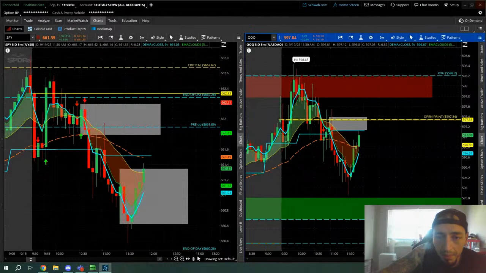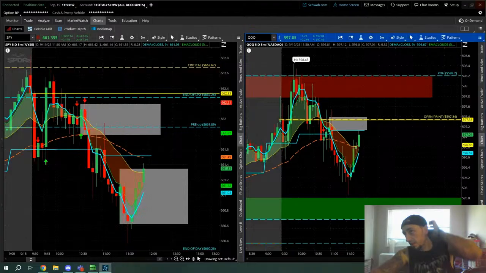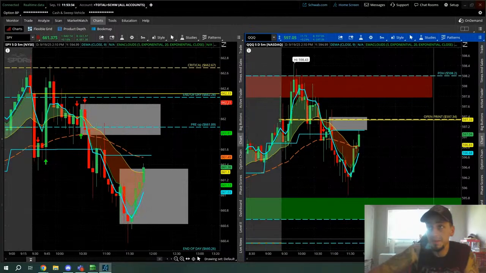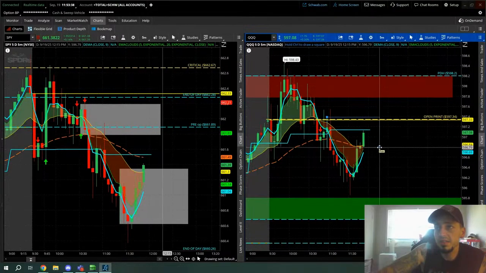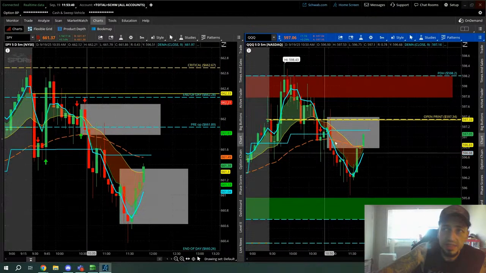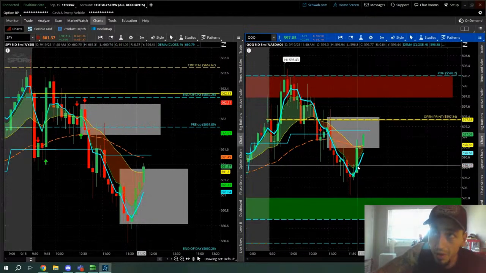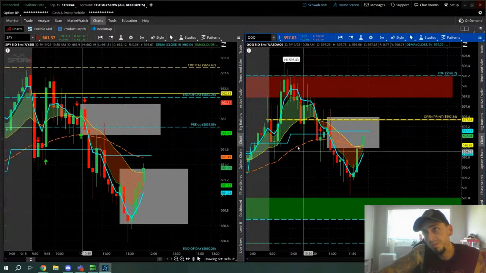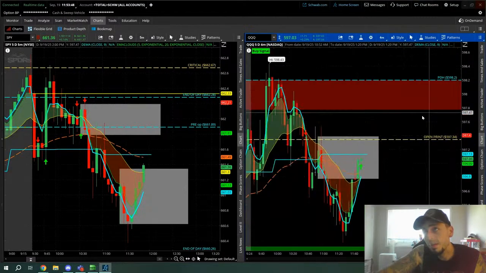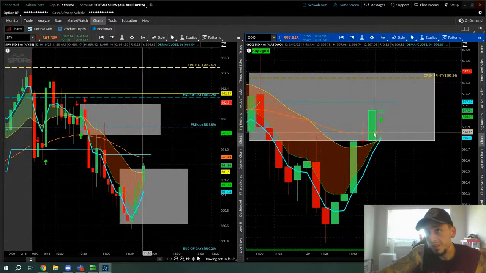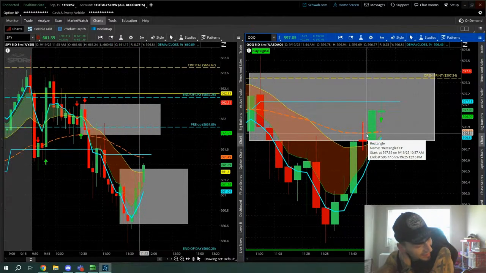Oh yeah, I'm digging shorts. I don't know about you guys, but this is giving me short vibes. Retesting the area of value. We haven't had one red candle. We did just get a RBI on the 4.